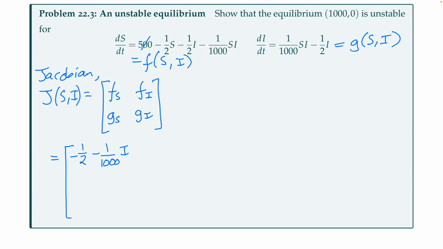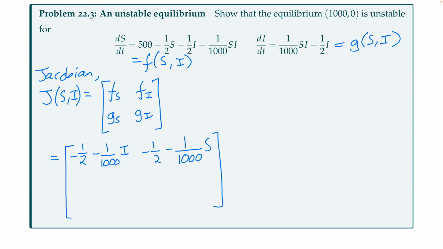Now we just do this for everything else. Now we do our f sub I. Again, the constant term disappears at the front. We have a minus a half s, derivative with respect to I is 0. Minus a half I, derivative with respect to I is minus a half. And then the derivative of the final term with respect to I is minus 1 over 1,000 times s.